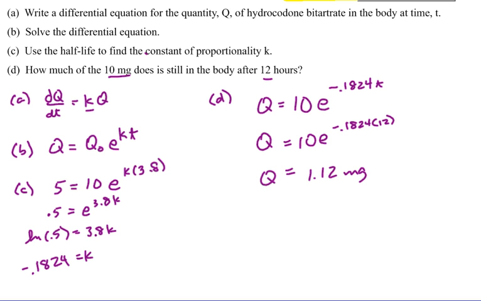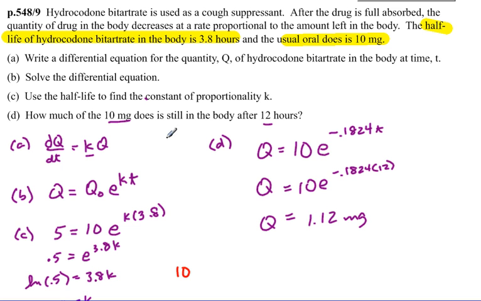Now let's just consider for a moment, does that make sense? So I've started off with 10 milligrams and I have a half-life of 3.8 hours. Let me make a little chart here. I have 10 milligrams at t equals 0.